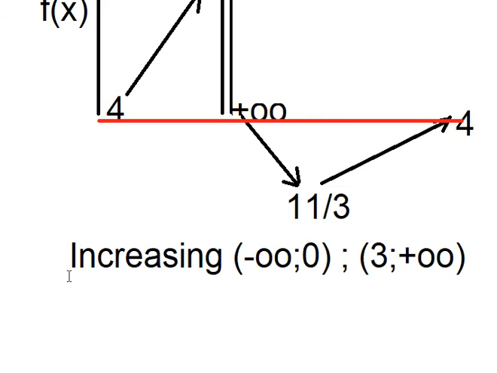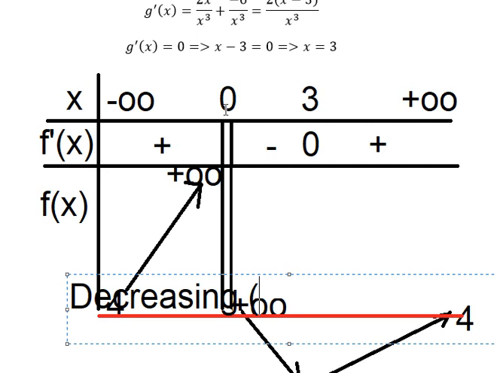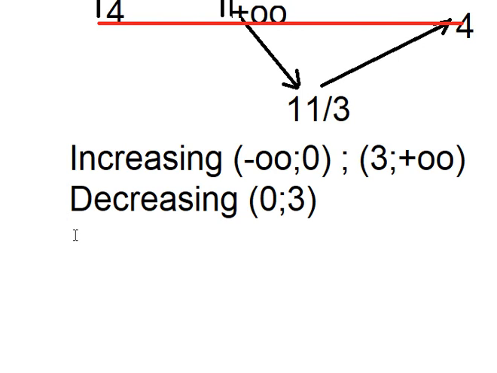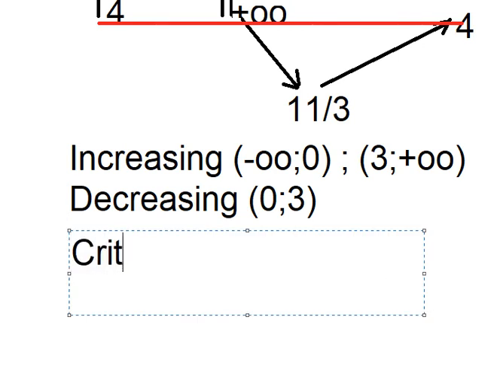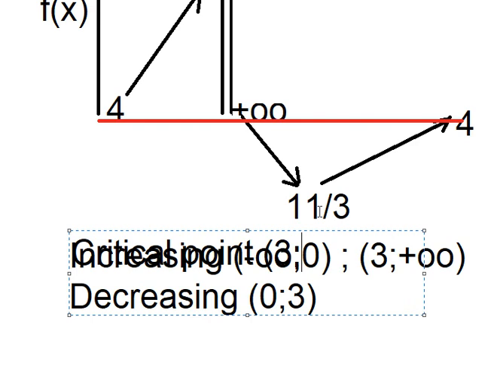The next one, decreasing: it decreases only in one interval, from 0 to 3. And the critical point, we have only one location, that's 3, and y is 11 over 3.